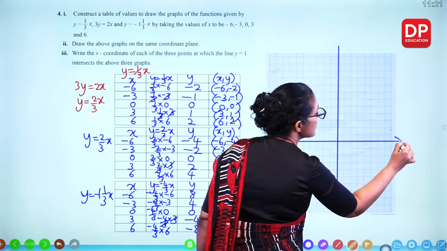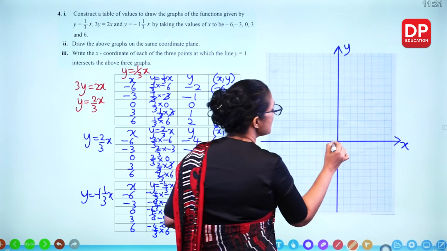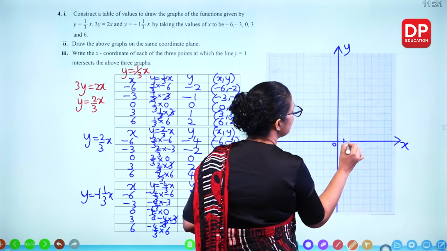So this is x and this is y. Now we'll mark it. This is 0. 1 square, 1 unit.